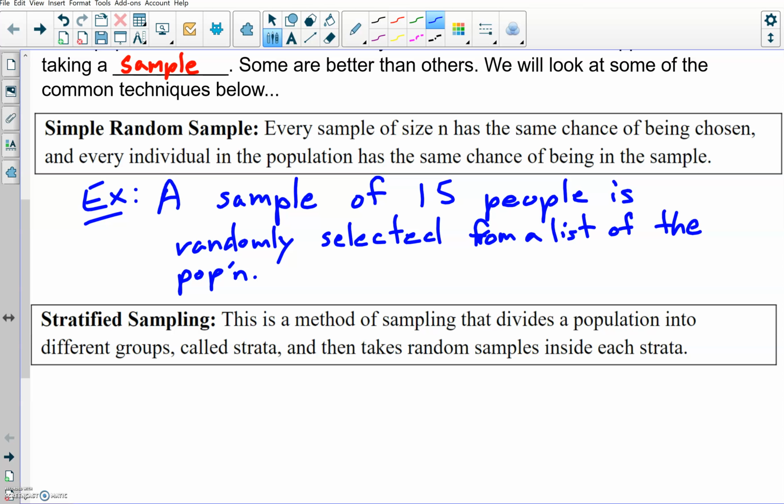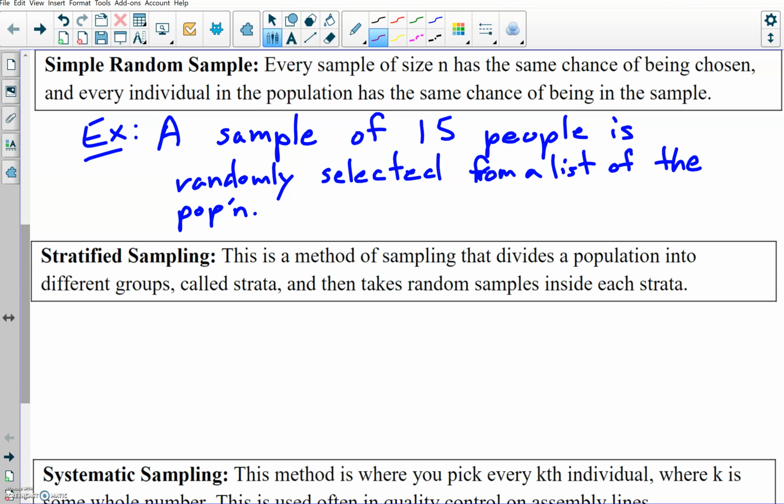So nothing else really going on there. The wording that you're looking for is there's going to be some mention of randomly or random, and then there's nothing else. It's like, hey, we selected these people randomly. You're going to assume it was just a simple random sample.